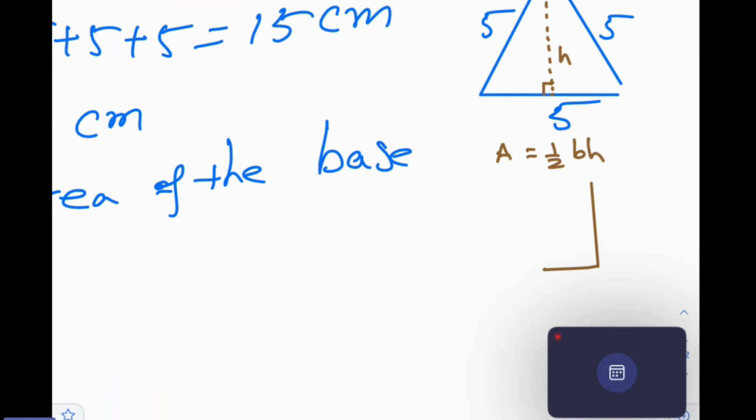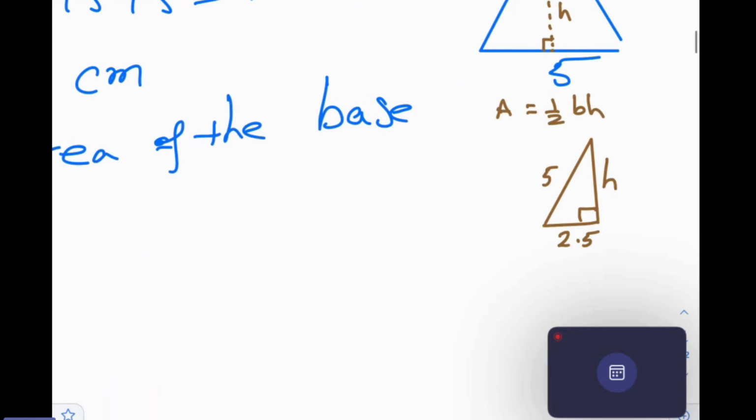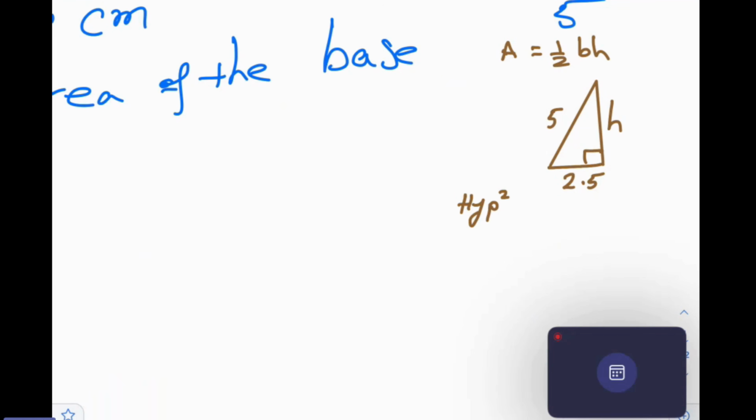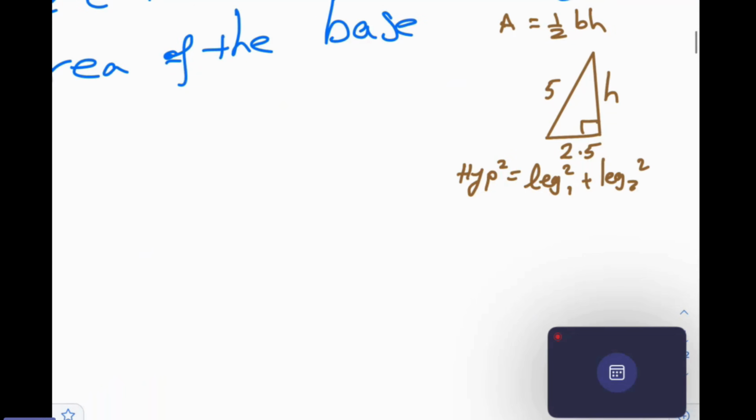So I'll take this part only, which is 2.5, and this is the hypotenuse. So our missing part is the h. The Pythagorean theorem states that the hypotenuse squared is equal to one of the legs squared plus the other leg squared. So 5 squared is equal to 2.5 squared plus the unknown leg h, so h squared.